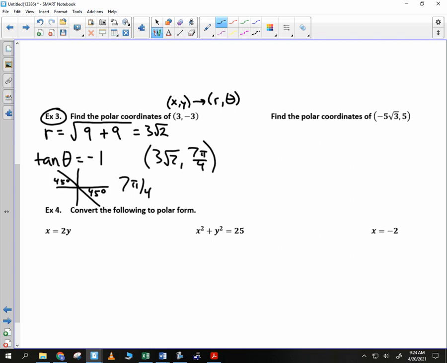Next one, again, find the polar coordinates of (-5 roots of 3, 5). r is equal to the square root of, this is what I yelled at you about yesterday. If we square negative 5 roots of 3, what do you get when you square negative 5? 25. Times, what do you get if you square the root of 3? 3.